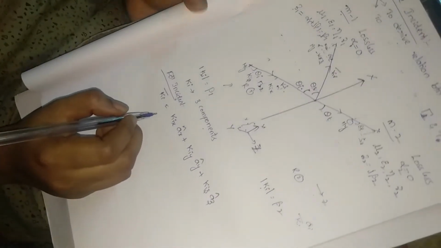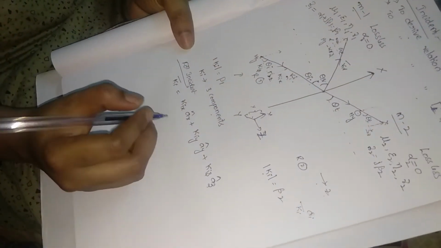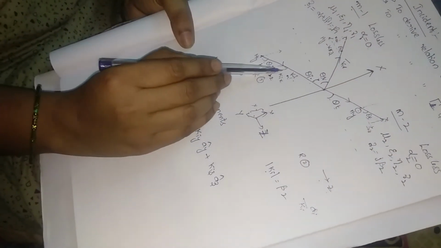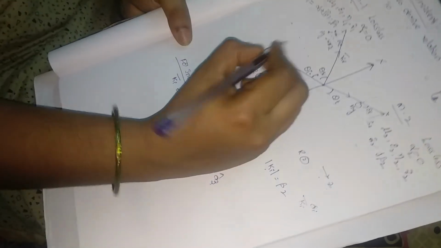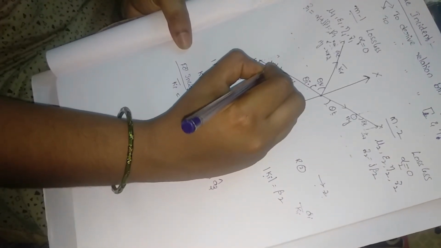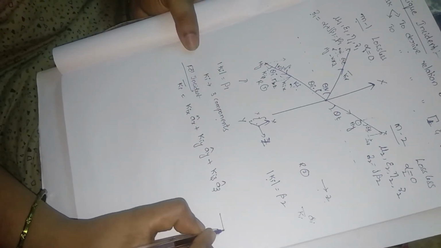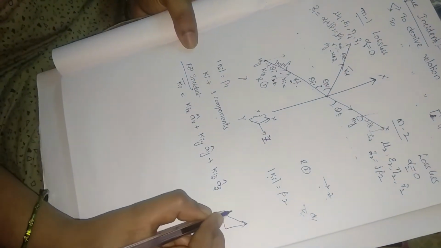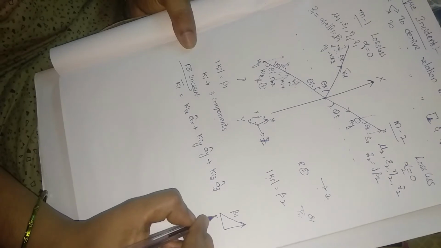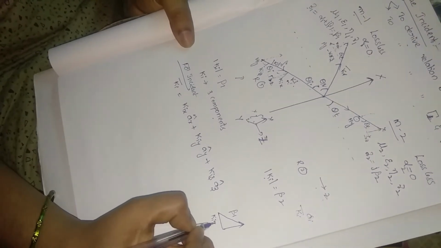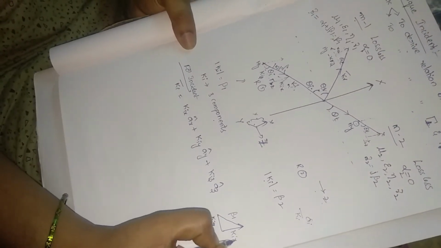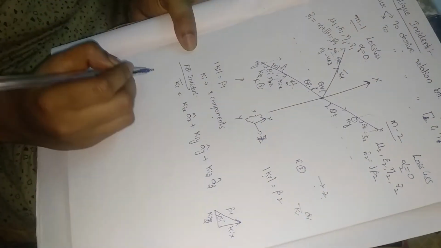This is the common propagation vector, and from this triangle, its magnitude |ki| is equal to beta 1. Here is kiz, kix, and here it is theta I.